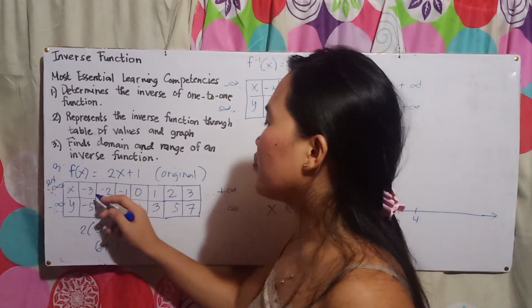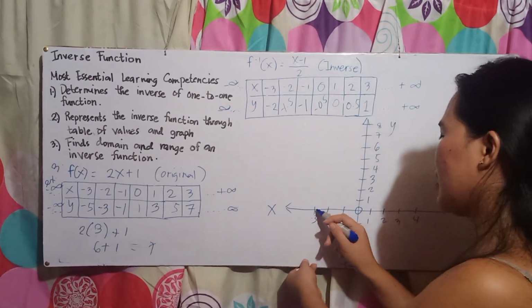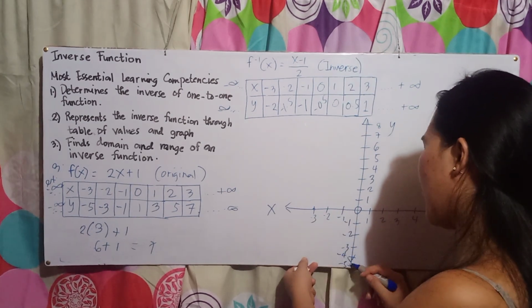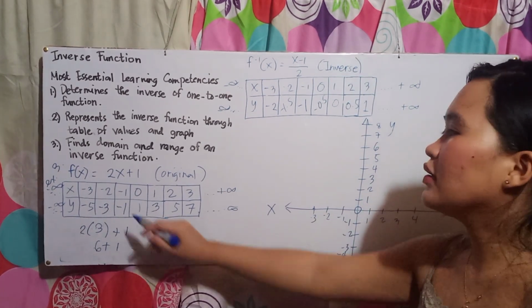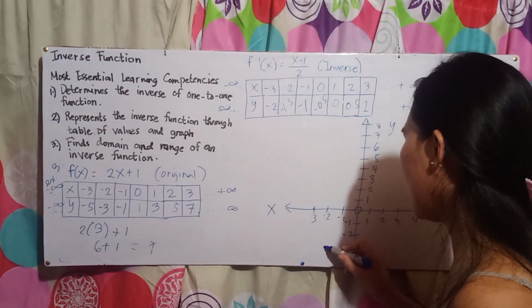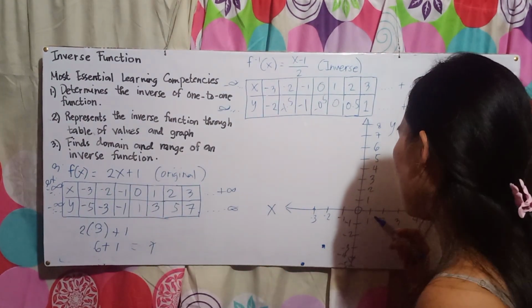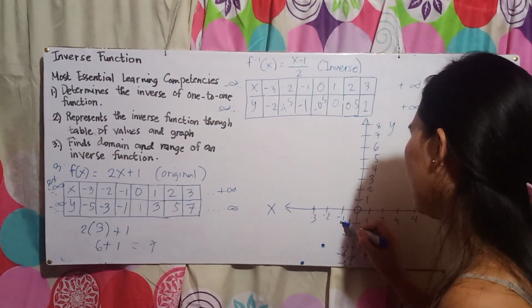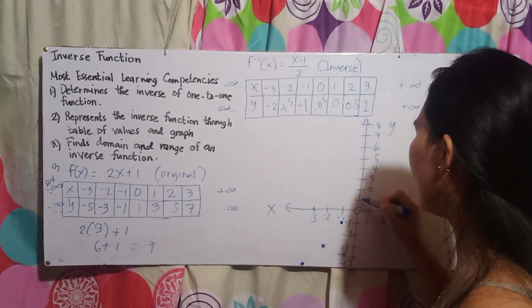So, the first ordered pair is negative 3 and negative 5. Here, negative 3 is on the x-axis, negative 5 is on the y. Next is negative 2 and negative 3. Next, negative 1 and negative 1. Next, 0 and 1.